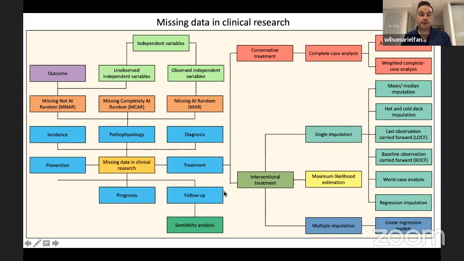Okay. So the prognosis of the missing data again depends on the mechanism. I already explained that the missing not at random has no solution. Unfortunately, you will have biased results. The missing completely at random has a good prognosis, and the missing at random has a good prognosis provided that you have some sort of treatment for this.